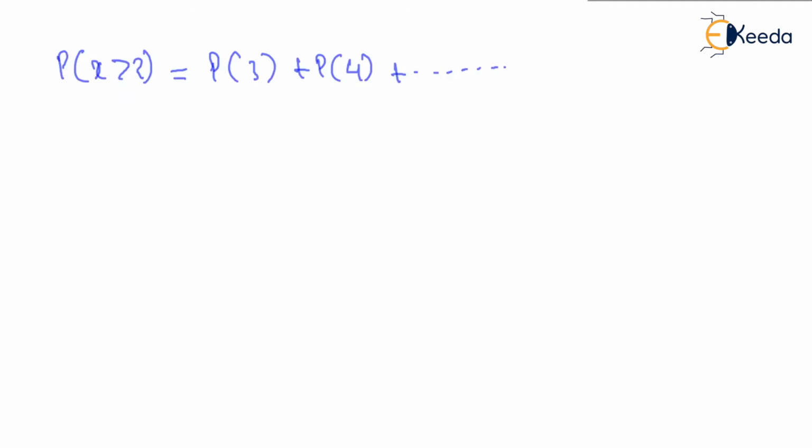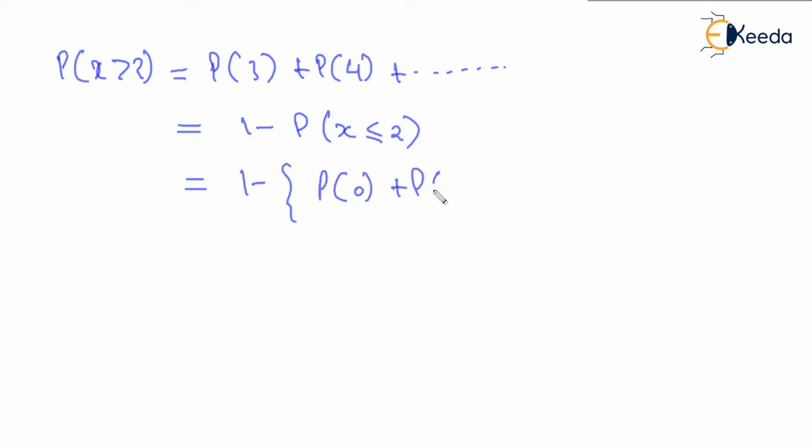This means that this probability can also be written as 1 minus probability of x less than or equal to 2, which is 1 minus the probability that x is equal to 0, plus the probability that x is equal to 1, plus the probability that x is equal to 2.